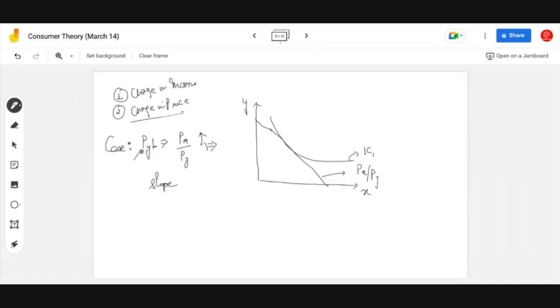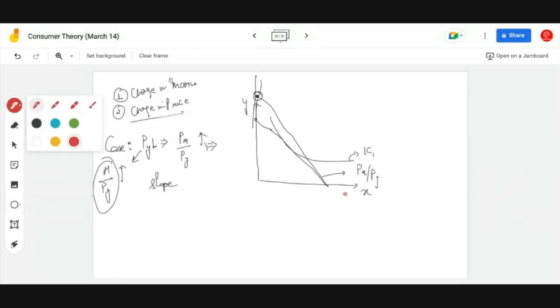When PY is decreasing, what happens to M upon PY? It will increase. This means there will be an outward shift of this point. So let's call it this point. This is the new slope, right?